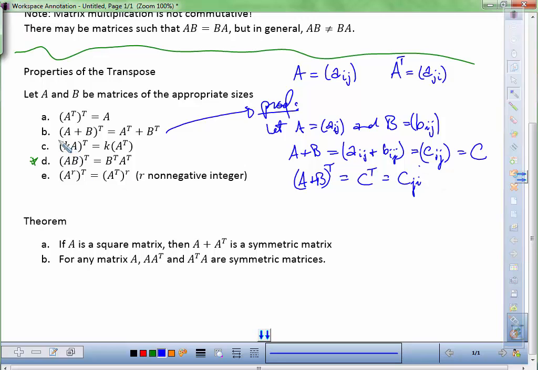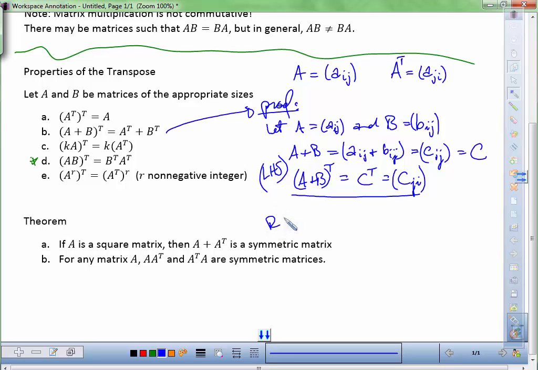Okay, so that's the left-hand side of the equation. Let's put little c sub ji in parentheses to say that those are the components. So this is the left-hand side of the equation. Let's say LHS.